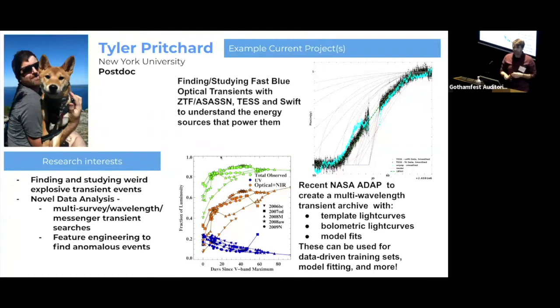And this is super important for me because I want to find weird things. You need to know what's not weird to be able to do that. But also from a supernova identification and classification side, most of the work that's been going on to date is using model training sets like PLAsTiCC or others to run your machine learning models on, and these can be used to create data-driven training sets as well as model parameters so you can do physical outliers and other fun things.